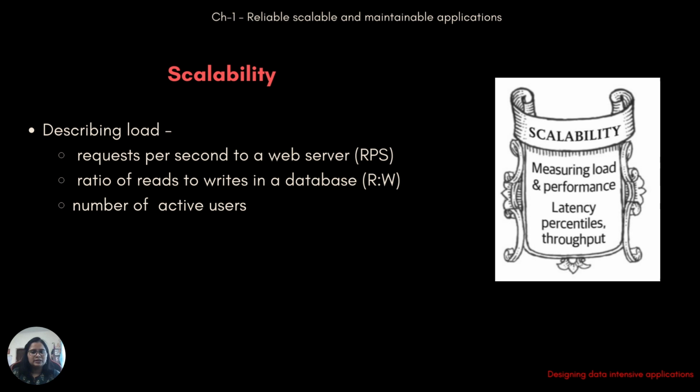What happens if our load doubles? Load can be described by a few numbers, which we call load parameters. Examples of load parameters can be requests per second to a web server, the ratio of reads to writes in a database, and the number of active users.